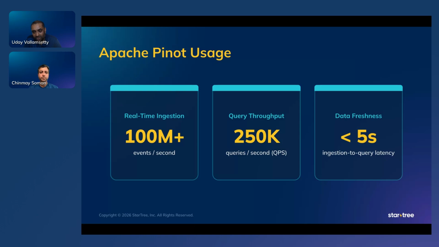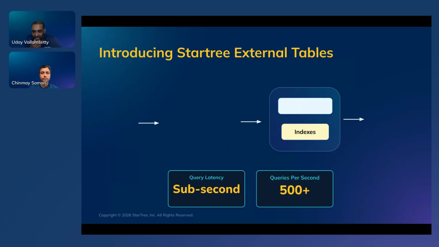How do I reduce the dollar per query for our end users? And you don't get this kind of scale without building that efficiency natively at a foundation level in the database itself. And that is what really puts Pinot apart from the other solutions that are out there. Right. Go to the next slide, Chinmay.